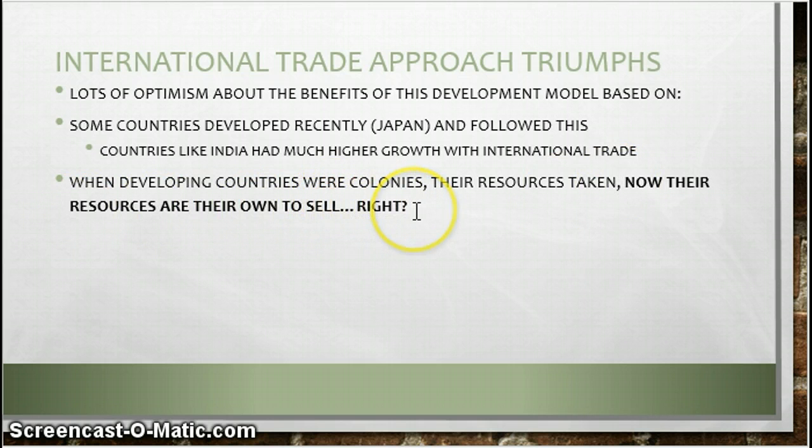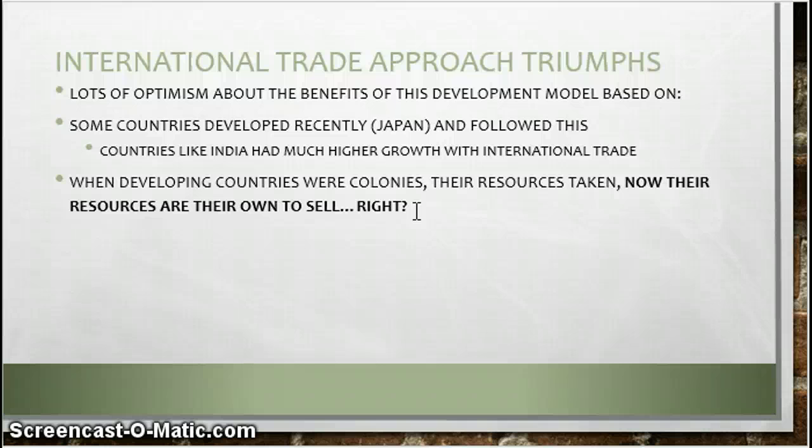And I put a question mark there, right? Because of course we still have a lot of the businesses, and even to some extent the governments, controlled by the wealthy elite, who are somewhat controlled by multinational corporations or the people that work for them. And so a lot of the developed countries still control some of the resources in those developing countries.